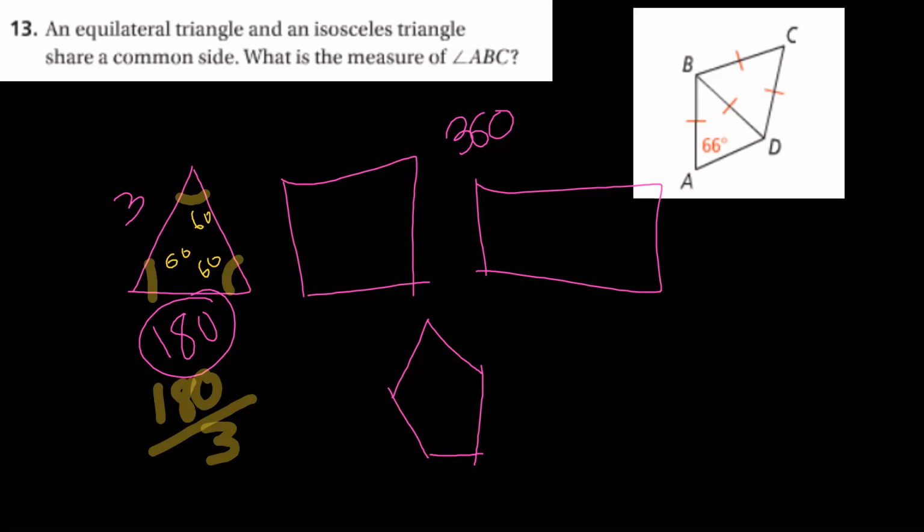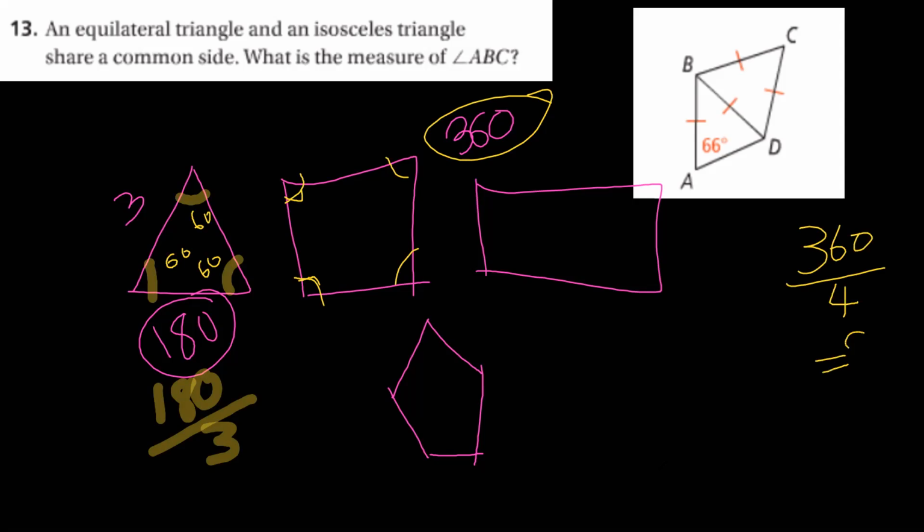Now look at the square. The summation of the angles of the square is also 360. How many angles in the square? 4. So you divide 360 by 4, you get 90. So the square also has equal angles, which are 90.